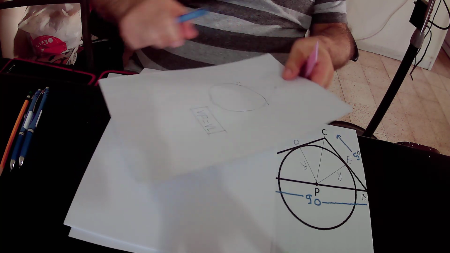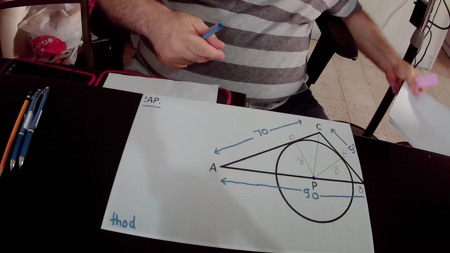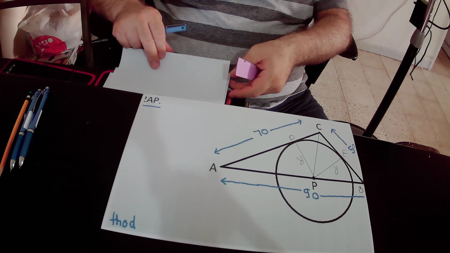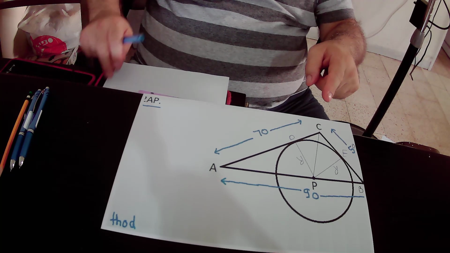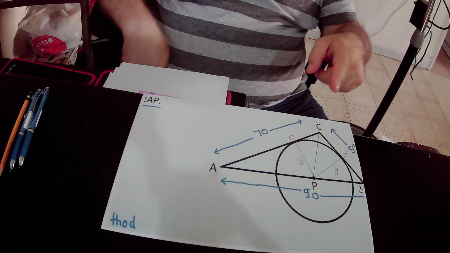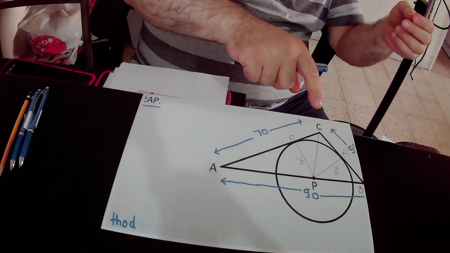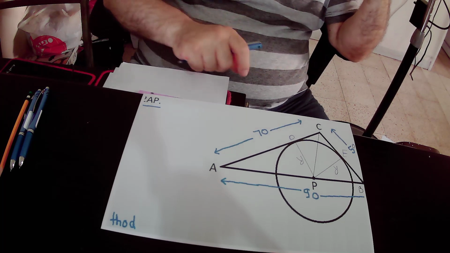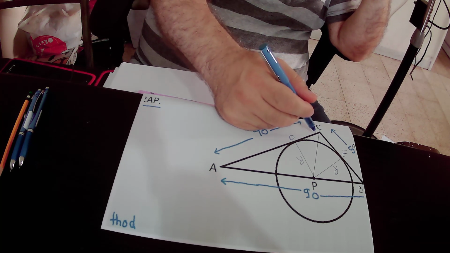Okay, so actually we can implement this rule in our circle, because in our circle we have point C that is an external point to the circle, because point C is not in the circle nor on the circle, and from point C we have two tangents to the circle.